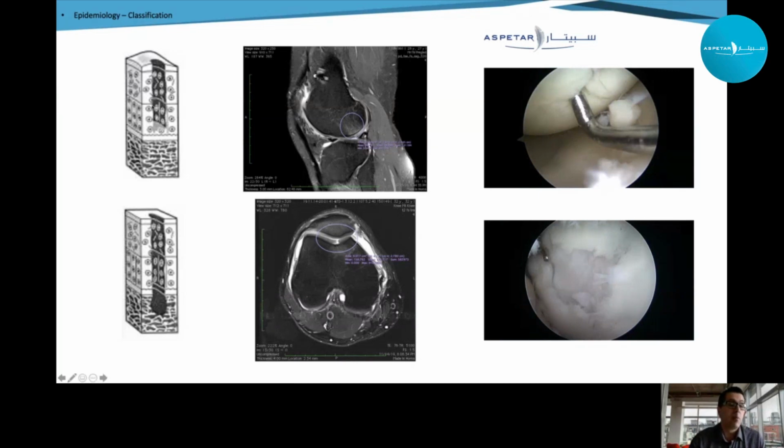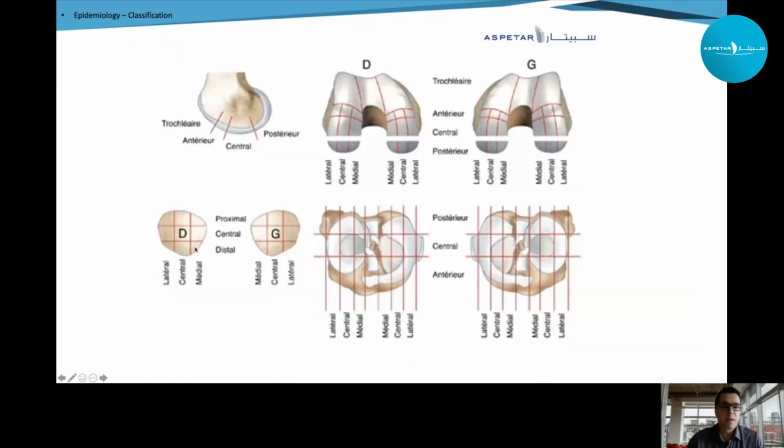Grade 3 is more than half of the depth of the cartilage, which is already problematic, coming down to the calcified zone. And when it penetrates into the subchondral bone, then we're talking about grade 4 or osteochondritis dissecans.